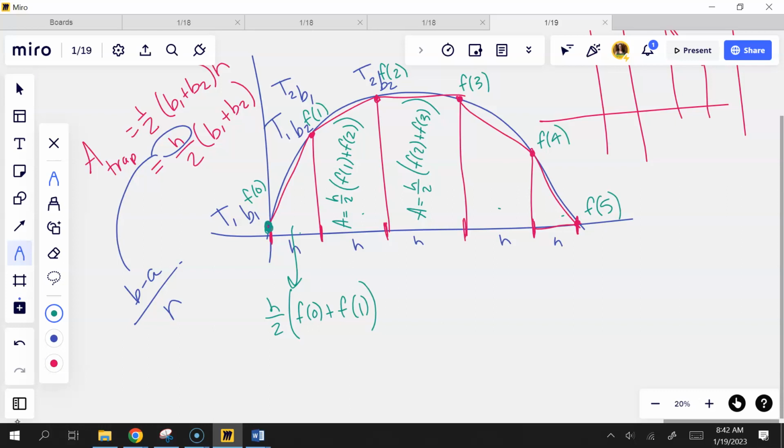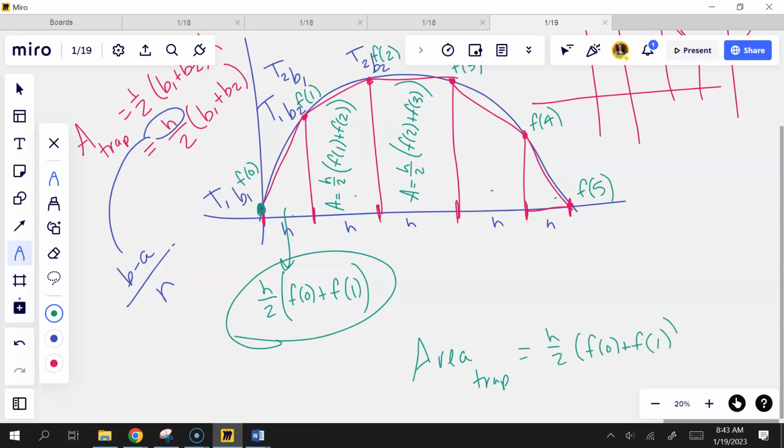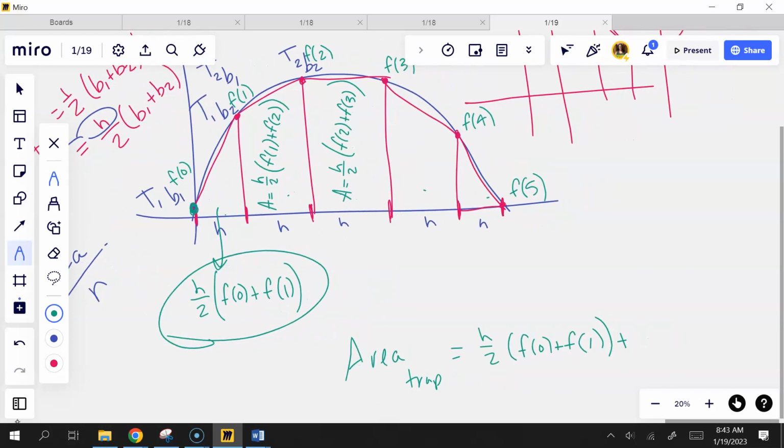If I want to find the area of the whole thing using the trapezoid rule, I'll do this one plus the next one, and so on.